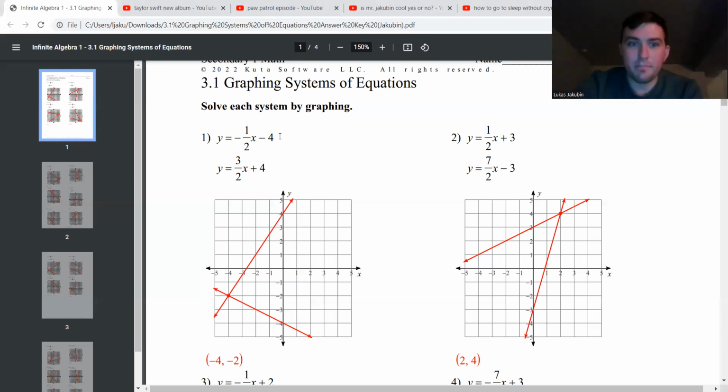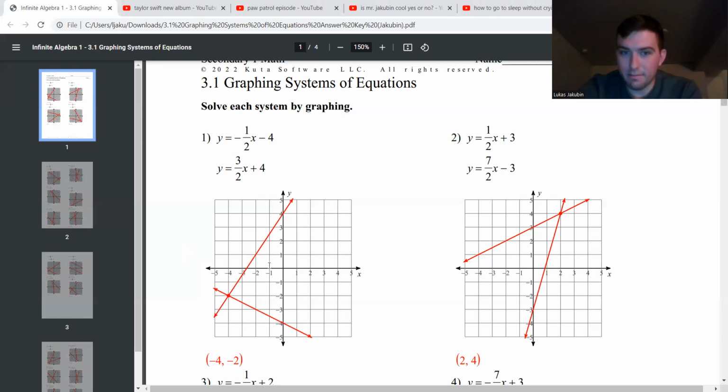Then after you do that, for all these lines, there should be 1 point where the 2 lines cross, and that 1 point should be at a direct intersection like this one is. What you're going to do to get the answer is find the coordinates of this point. Remember, the coordinates are in parentheses. The first number is x, the second number is y.